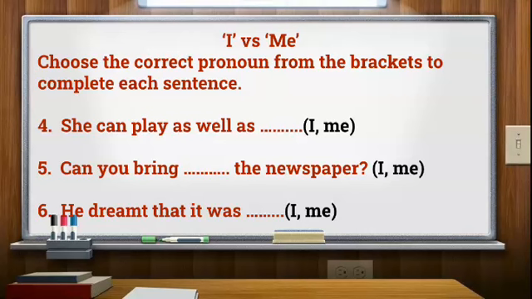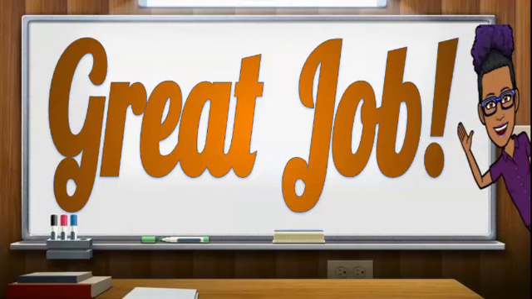She can play as well as I, that is, as, so you have your subject pronoun I. Can you bring, is it I or me? Can you bring me the newspaper? Number 6: He dreamt that it was I. So great job.